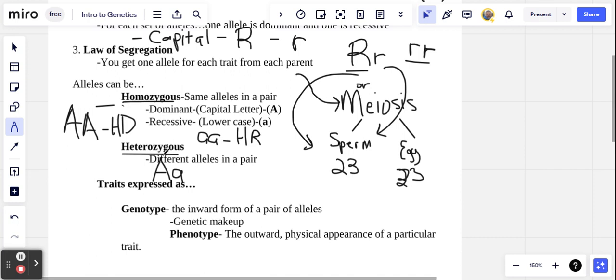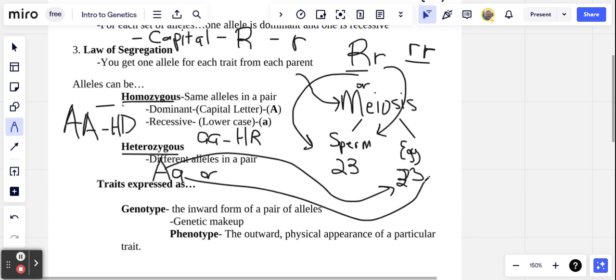But then heterozygous mixes it up a little bit, because during meiosis and the formation of sperm and egg, they can give a capital A or they can give a lowercase a. And we kind of talked about this in class, how sometimes a child looks just like their parent, and sometimes they don't.